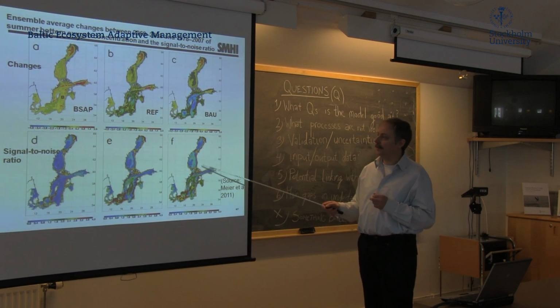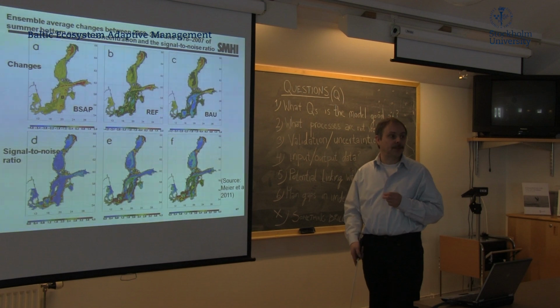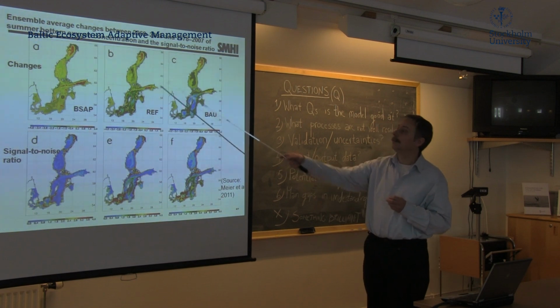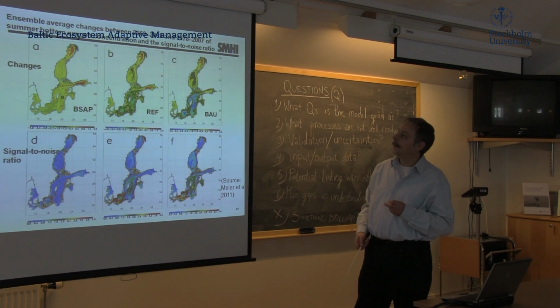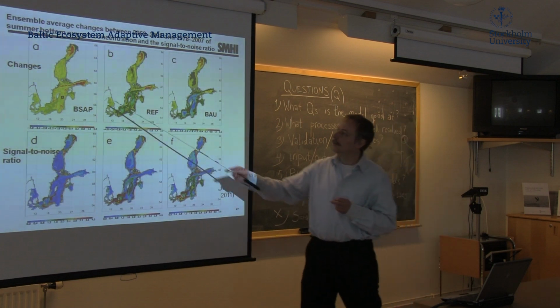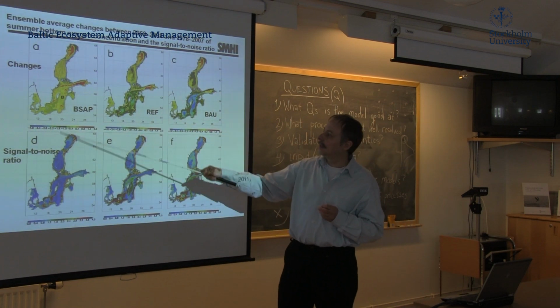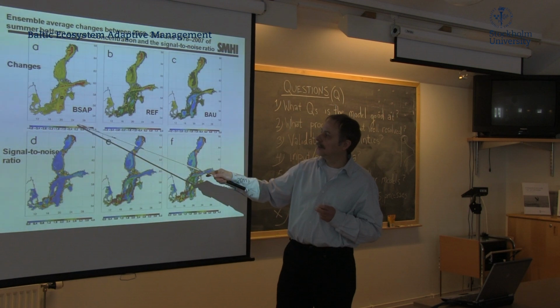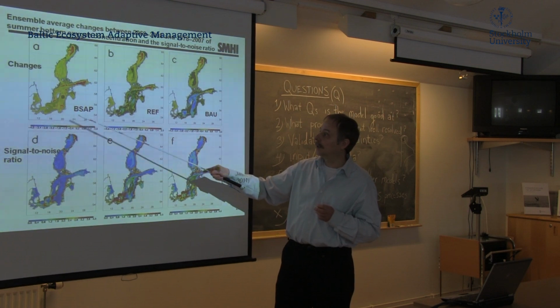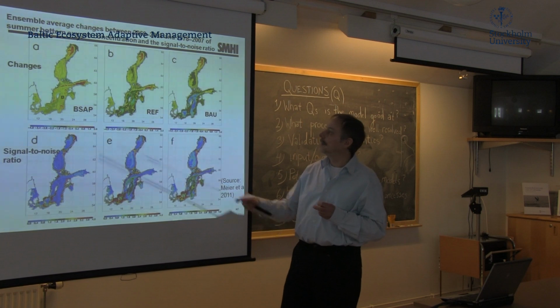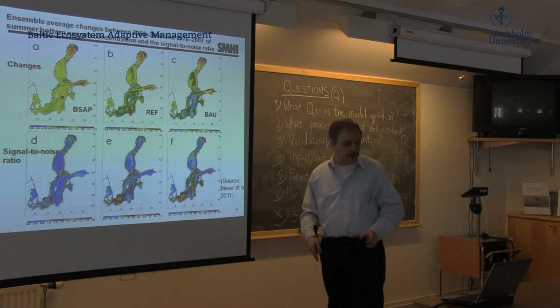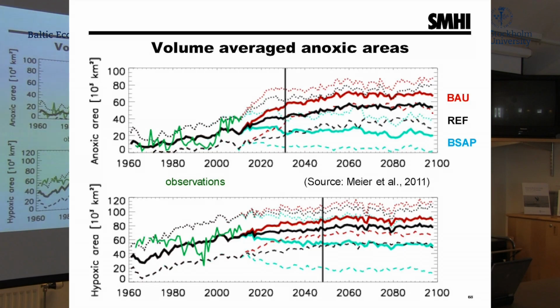So blue parts are actually not reliable information in these maps. You see here's some red, but basically it is around 0, so the greenish and yellow colors in the Baltic Sea Action Plan, that was a little bit unexpected.